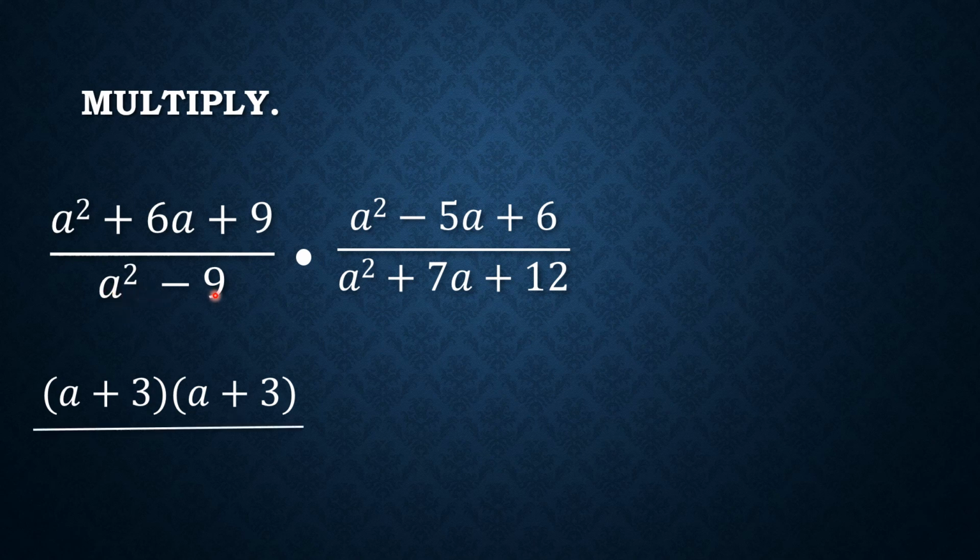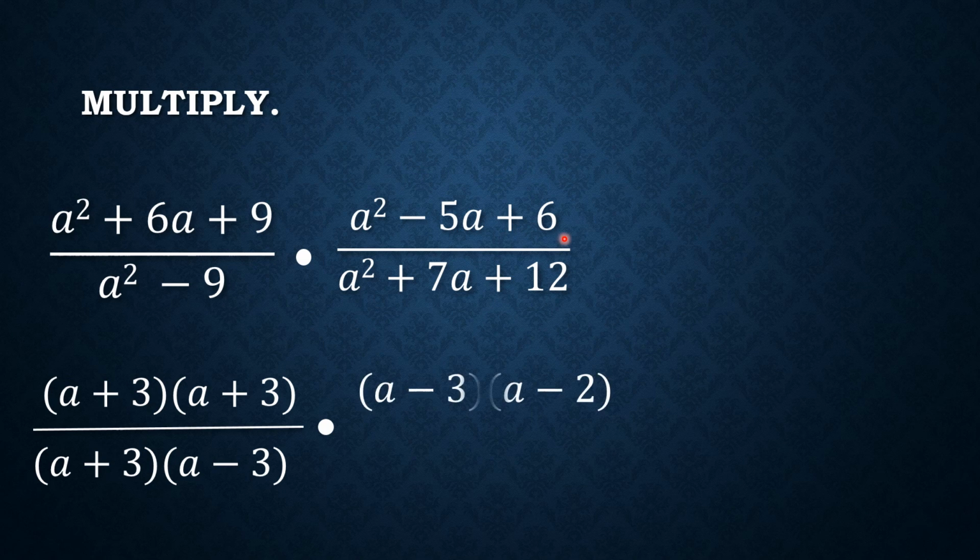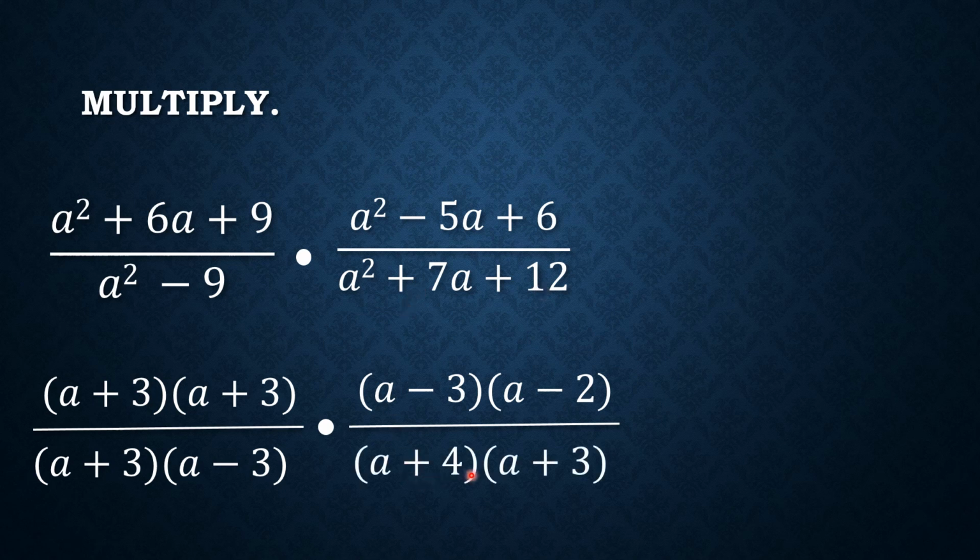Next, a squared minus 9. This is a difference of two squares, and the factored form of this one is a plus 3 times a minus 3. Times, factor naman natin si a squared minus 5a plus 6, and we get a minus 3 times a minus 2. Next, factor natin a squared plus 7a plus 12. So we have a plus 4 and a plus 3.